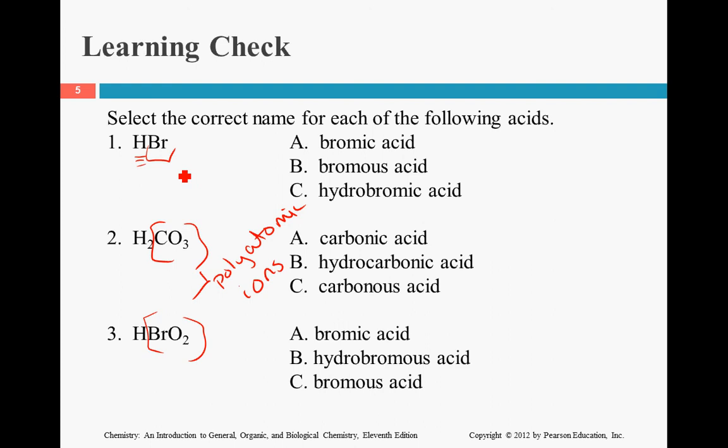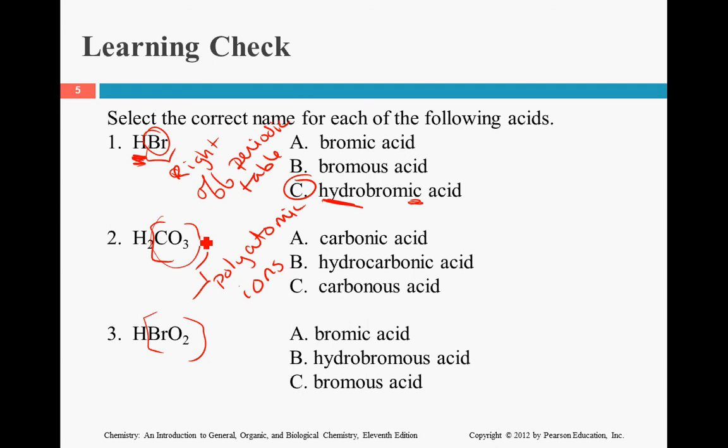While this one comes right off the periodic table, which means that bromine becomes hydro. Here's hydro, and that ion becomes IC. So hydrobromic.